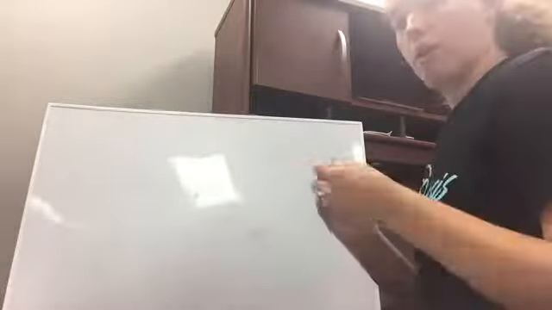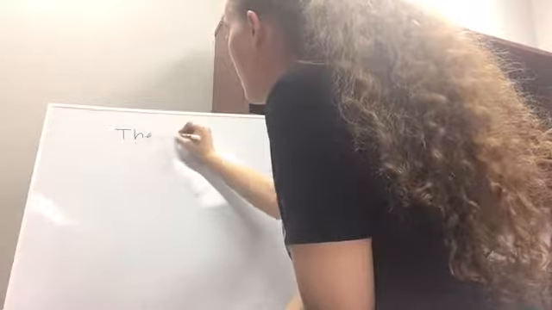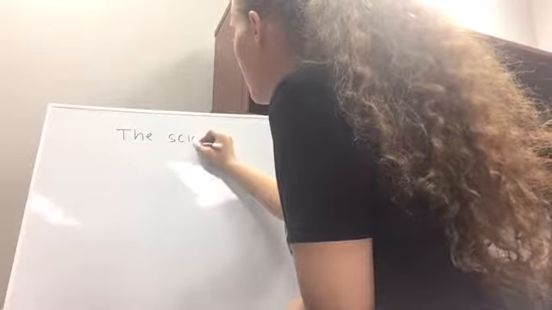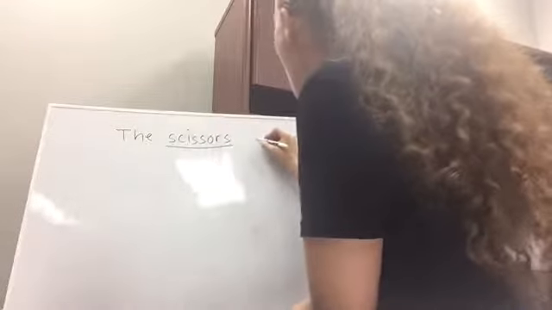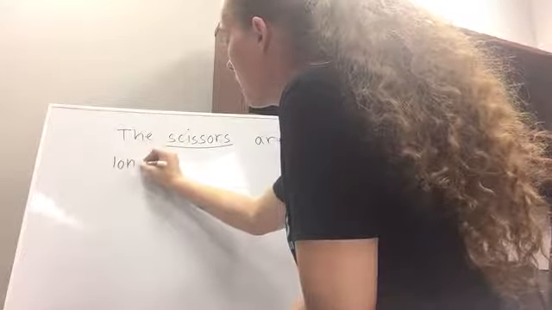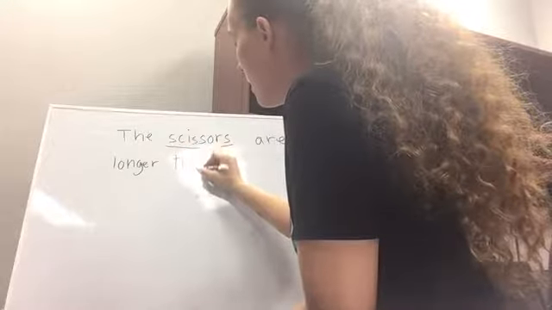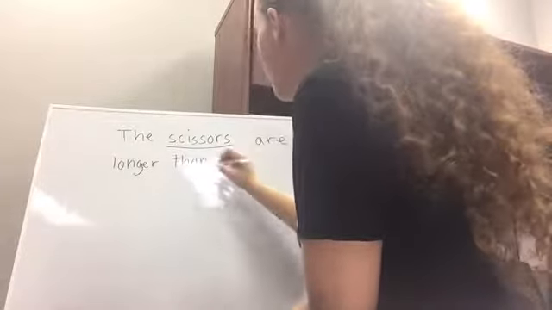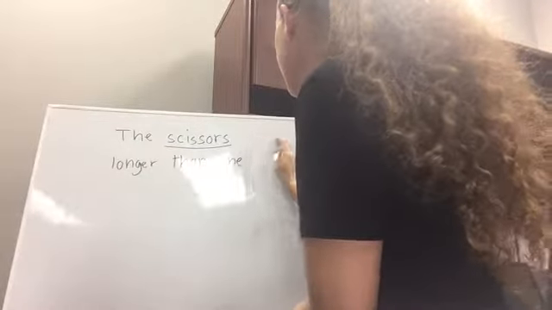If we just were comparing the two, we would say, so using our sight words, right? The scissors, that's our object, right? Are longer than, another sight word, actually this is.